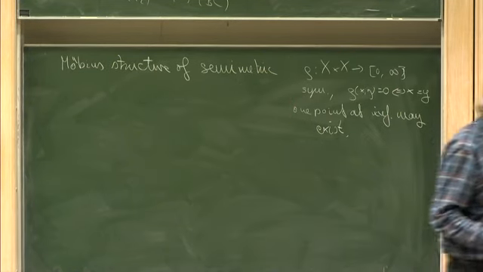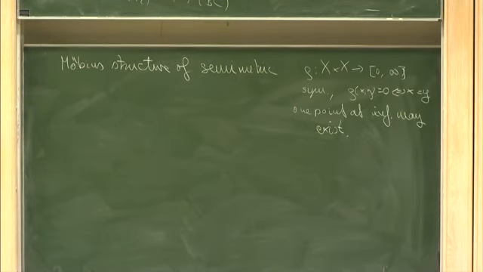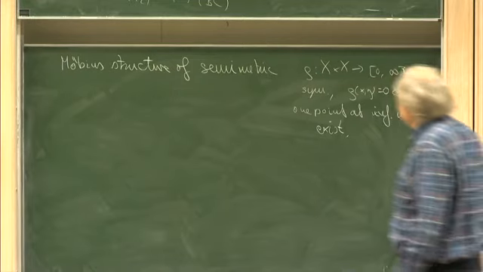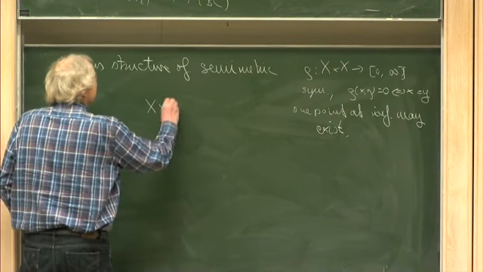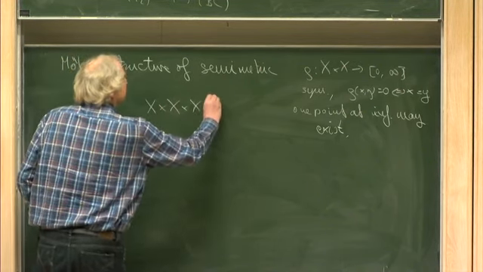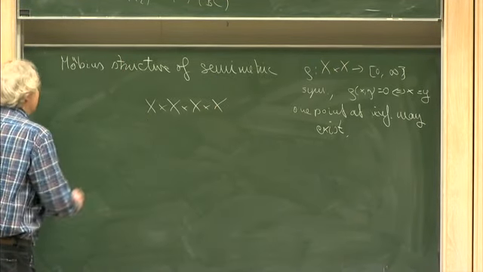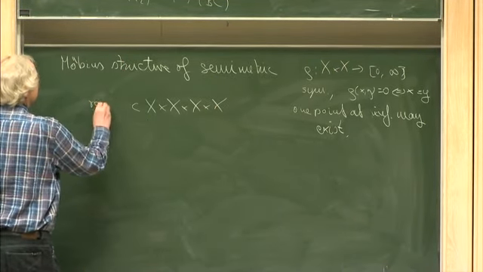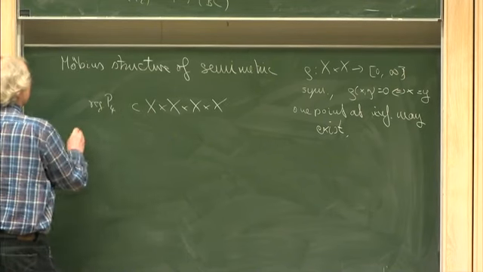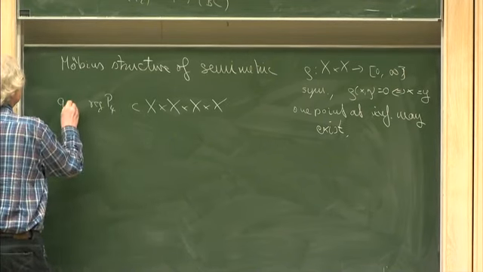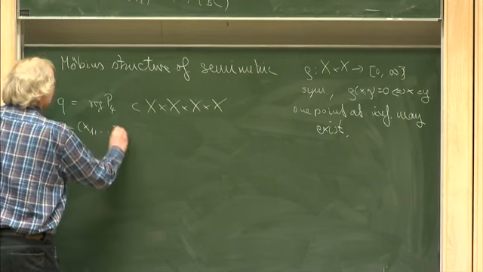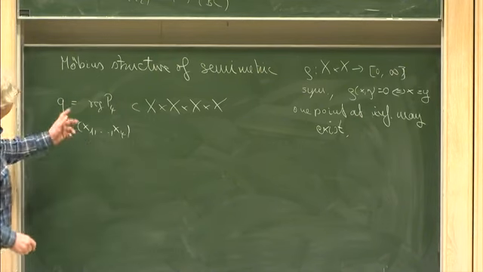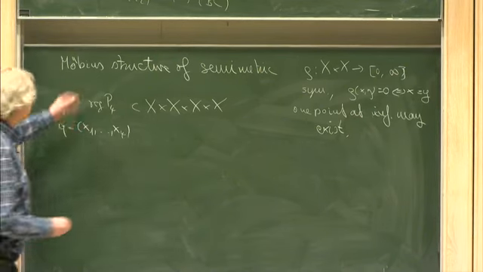And now I describe, so I consider quadruples, maybe the regular quadruples, Q. So 4 points is a regular quadruple if all entries are different.